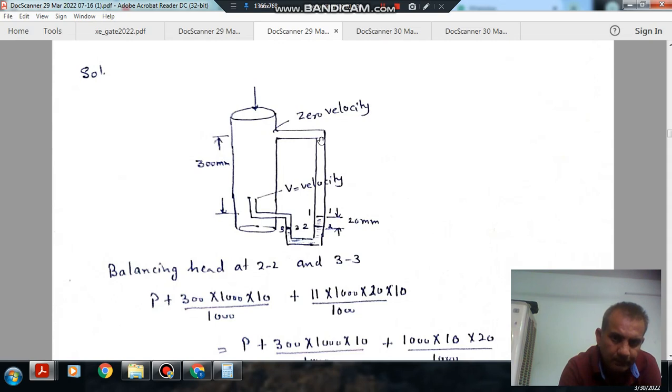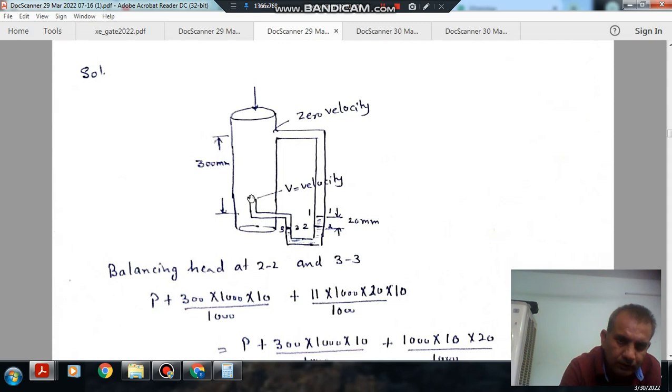Okay, pressure is P. Now 1 represents the start of the magnetic fluid, and 2 and 3 are on the horizontal line and represent the level of magnetic fluid in the left limb.